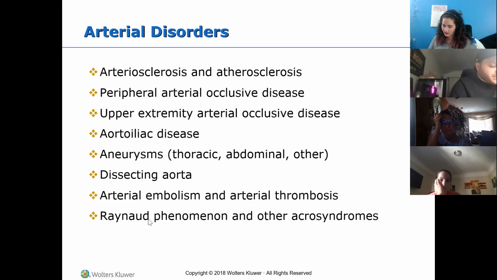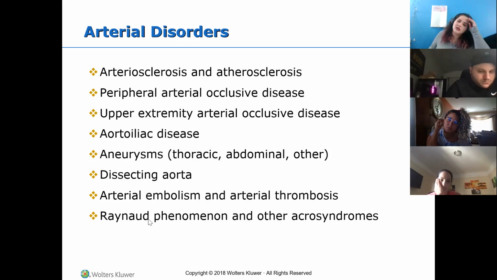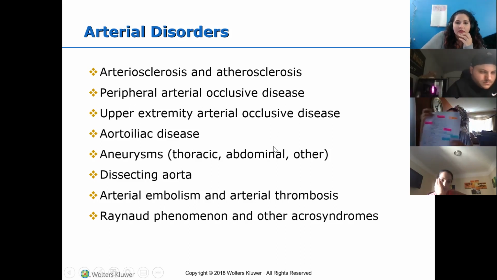Yeah, intermittent claudication is a symptom of generalized atherosclerosis. I'll just go through it slide by slide because that's how it's broken down, and you can add as you need. Sounds good. It breaks it down pretty well. Okay. So let's move on.